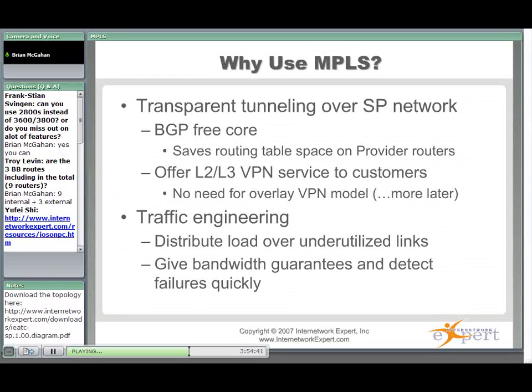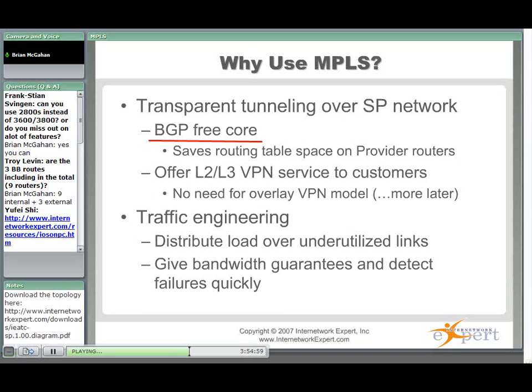Now, MPLS makes this a lot easier because it's independent of whatever media it's running over, and you can transport it between providers. You can transport it within your own network for just one provider, and it's going to make provisioning these circuits between the customer sites a lot easier.